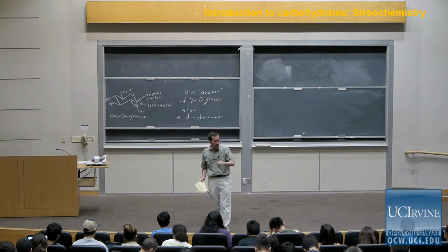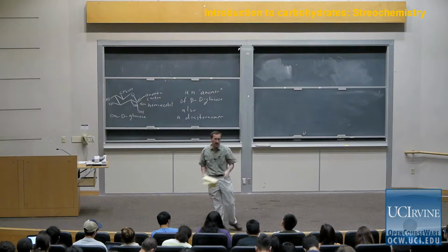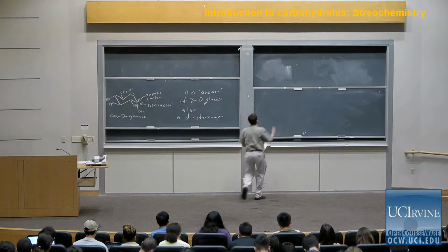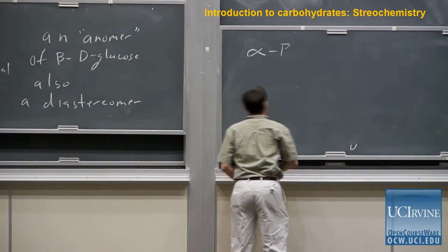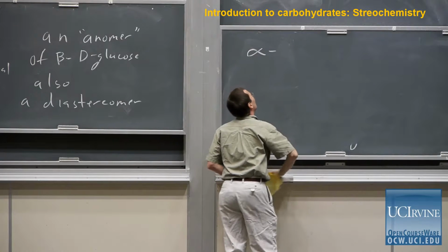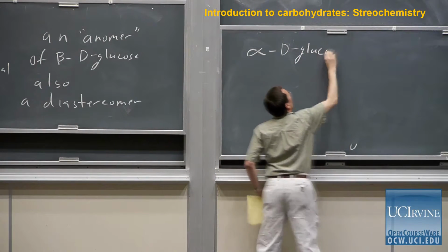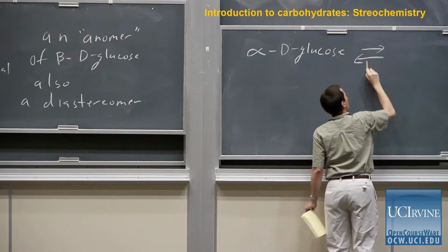Nevertheless, at equilibrium, you have a teeny tiny bit of the aldehyde form, of the open form. In other words, alpha and beta D-glucose can interconvert in water and exist in equilibrium, and so I'll write this as an equilibrium.